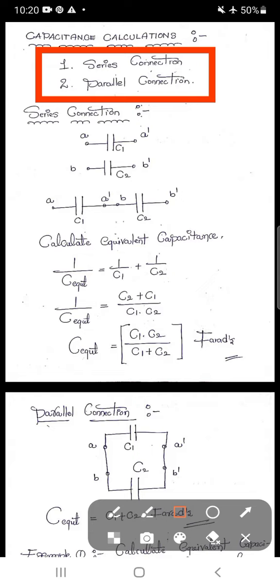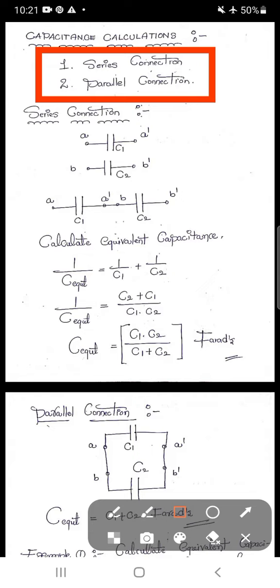By directly adding the values of resistances and inductances, you get the equivalent resistance and inductance for series connection. But in case of capacitance, the procedure we use for the series connection of resistances and inductances is used when two capacitors are connected in parallel.